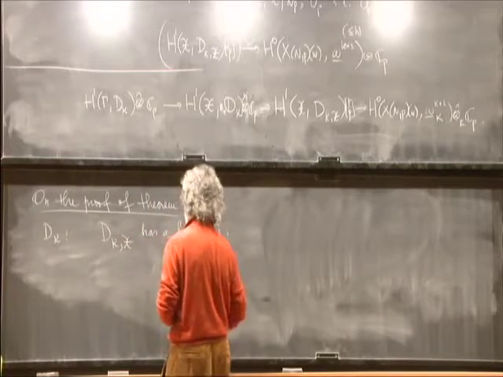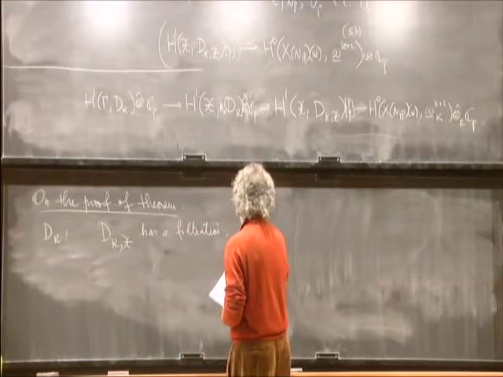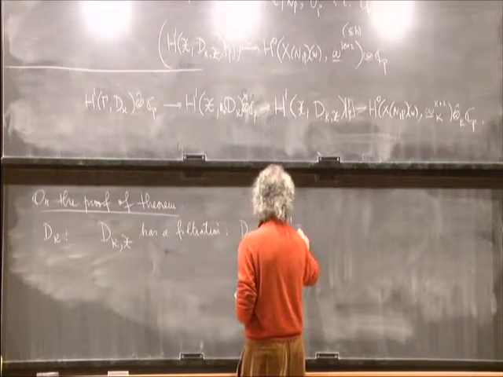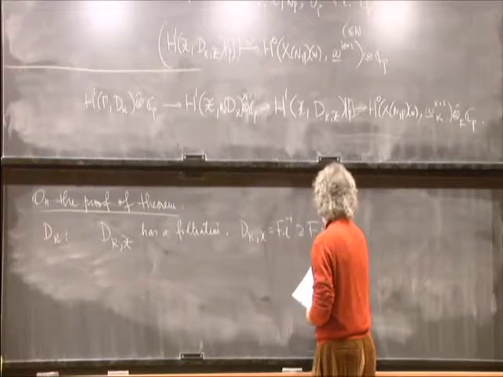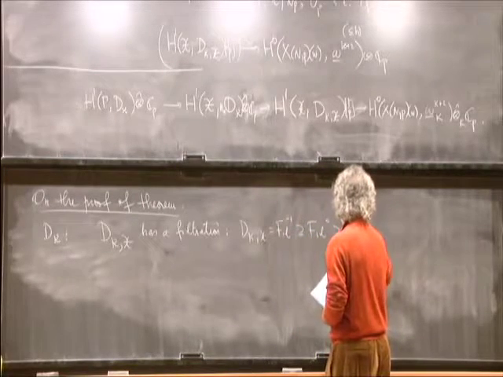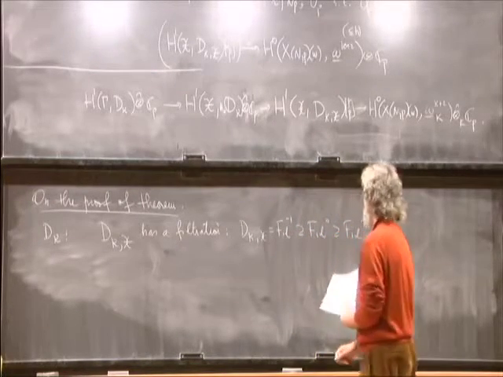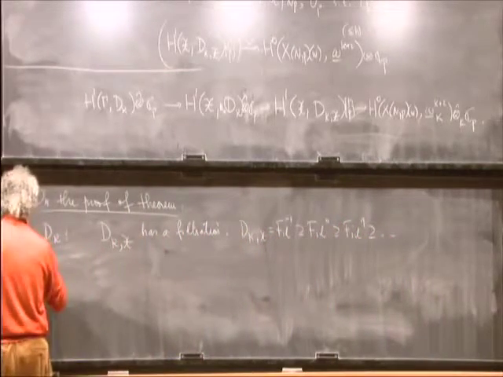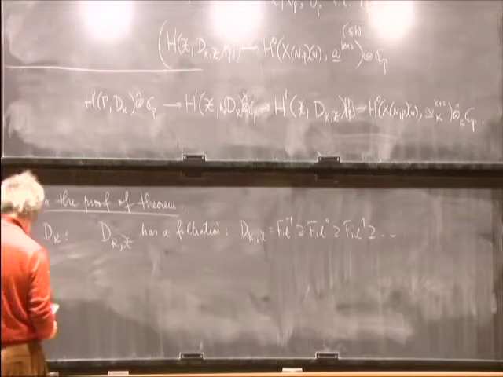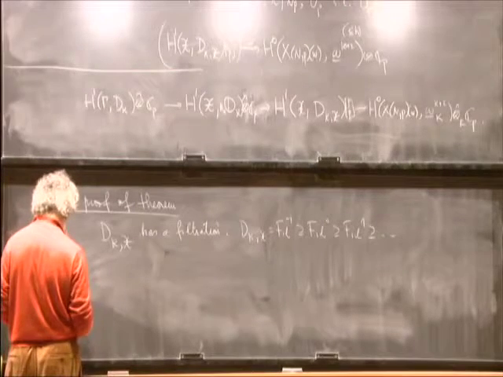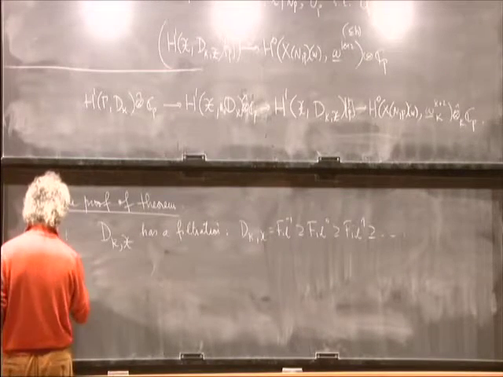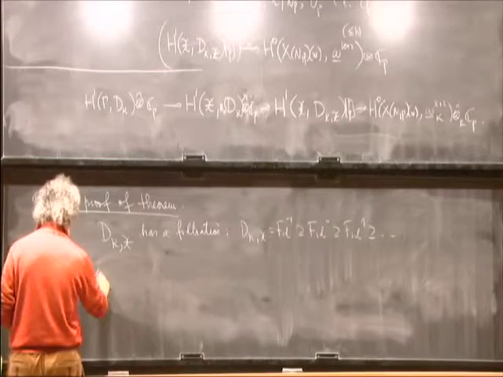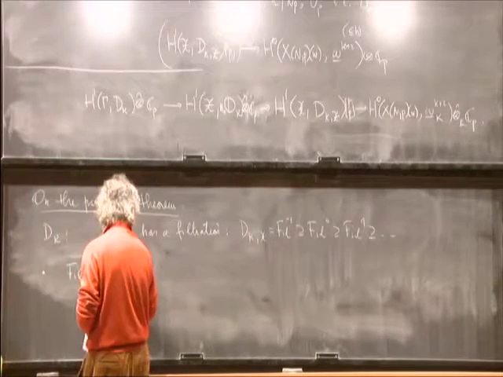decreasing filtration. So d kappa x is Fil -1, and then it contains Fil 0, and then Fil 1, and so on. And the properties of this filtration are, first of all, that we can compute the graded pieces, namely Fil m divided by Fil m plus 1.